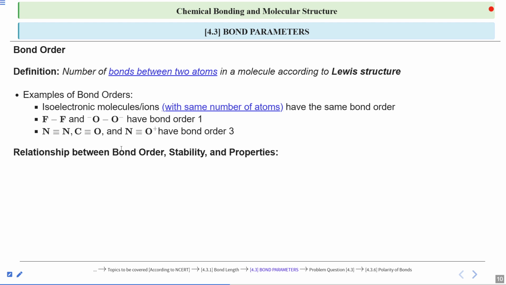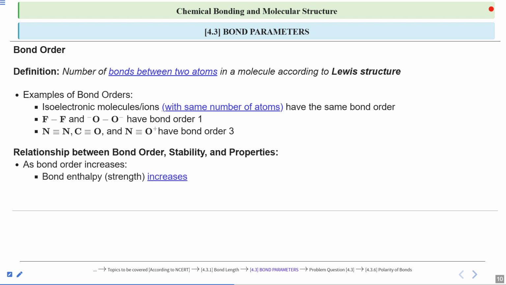Now, we will try to develop a relation between the bond order, stability and its properties. So remember students, 3 important points. As you increase the bond order, the first thing that happens is that the strength of the bond increases. So you have to apply more energy to break it. And it's very obvious.